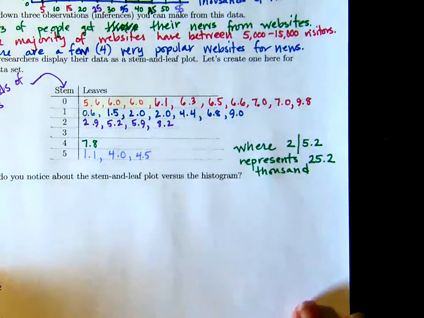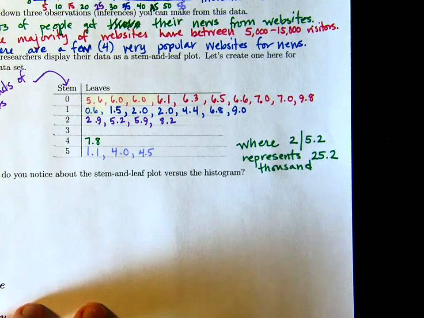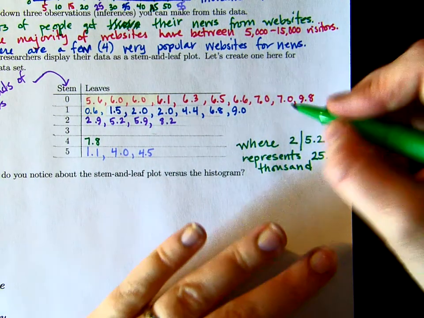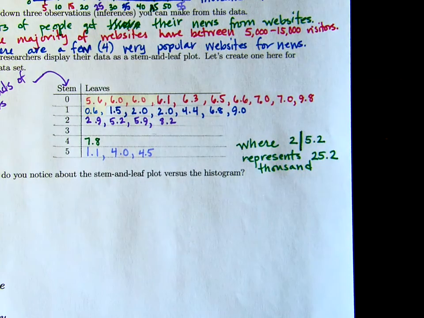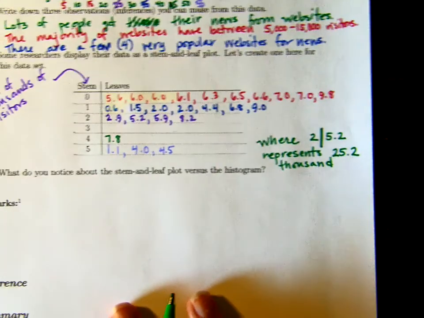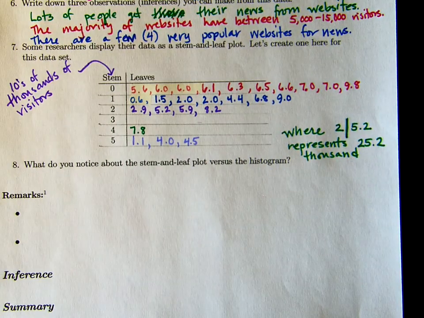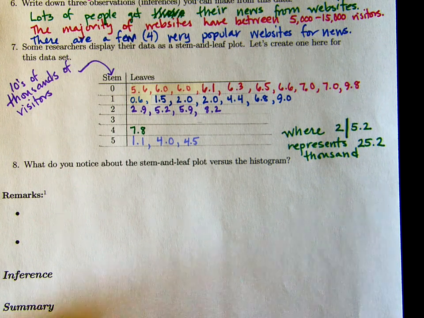Okay, and I just picked one of these, just a random thing from the list. But this is our legend of what these all represent. Thousands of visitors. What do you notice about the stem and leaf plot versus the histogram?